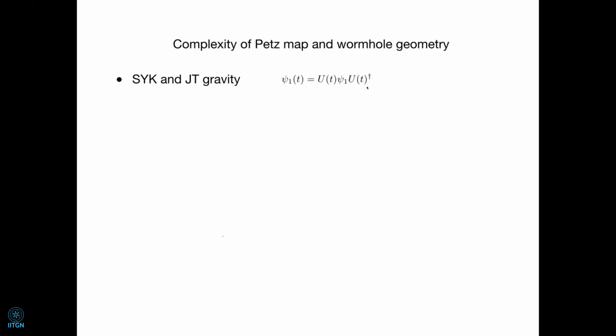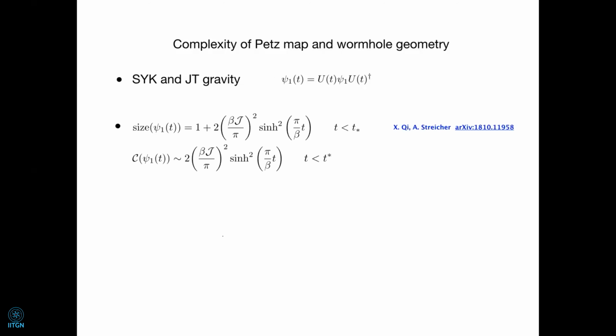There are two things we want to compare. First, we want to ask what's the complexity of this operator, and second, we want to see how this is related to the wormhole geometry. This operator will throw a fermion into the bulk, and as the fermion gets deeper, we want to see if there's any relation between the complexity of this operator and how deep the fermion is located.